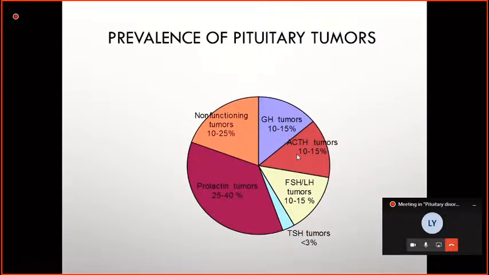FSH tumor is quite rare. TSH tumor is very rare. I hardly see any tumor that produces TSH. So as I mentioned earlier, for this lecture, we are going to talk about prolactin secreting tumor, growth hormone secreting tumor, and ACTH secreting tumor a little bit.